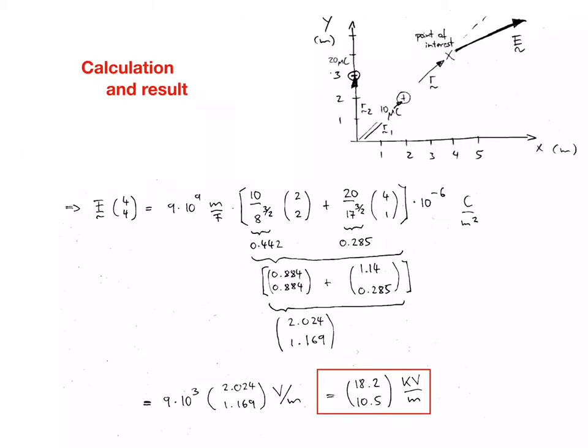Finally, after some algebra, the result is obtained. The electric field vector at the point 4, 4 has an x component of 18.2 and a y component of 10.5 kilovolts per meter. This means the x component is almost twice as long as the y component. This is consistent with the expectation that saw this field vector pointing in the direction of about 2 o'clock.